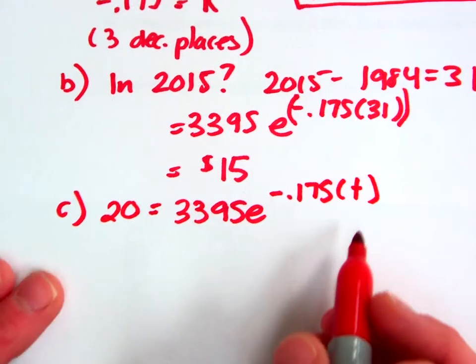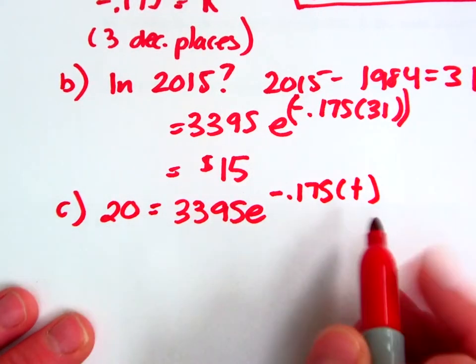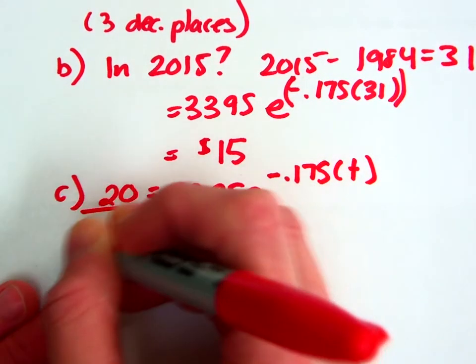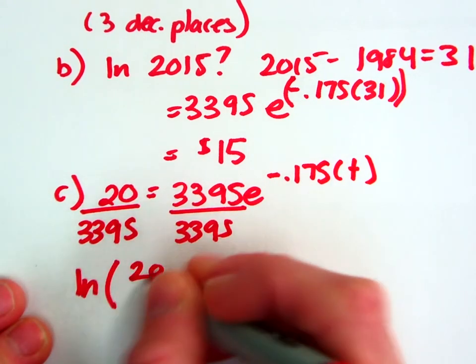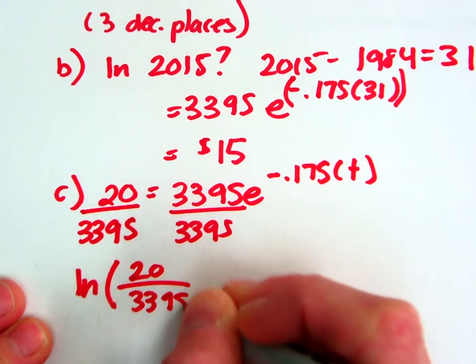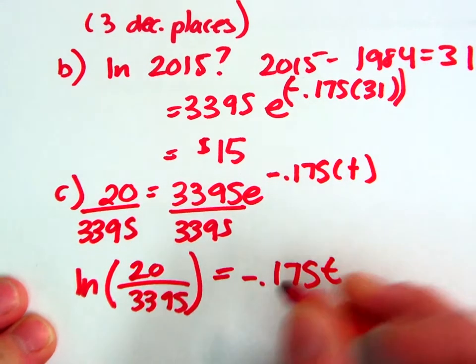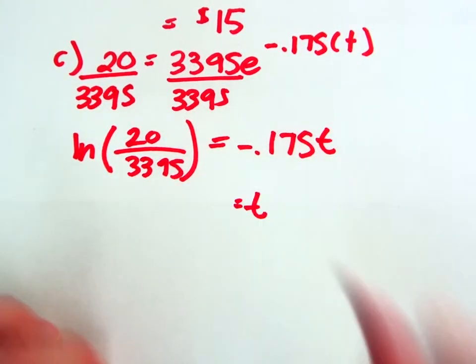We want to know how many years it takes for the price to go from $3,395 down to $20. Again, same process. Divide by 3395, and then natural log both sides. You're always using natural log because of e. That's important here. Then you divide by negative 0.175.